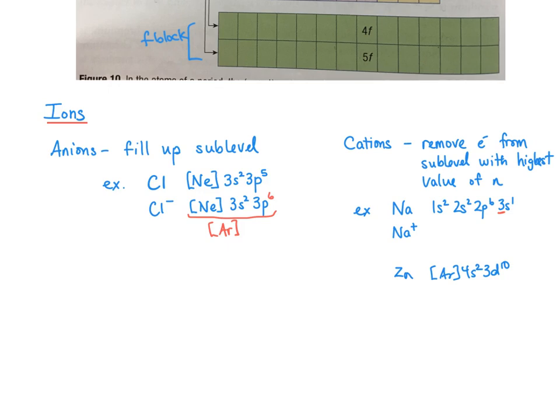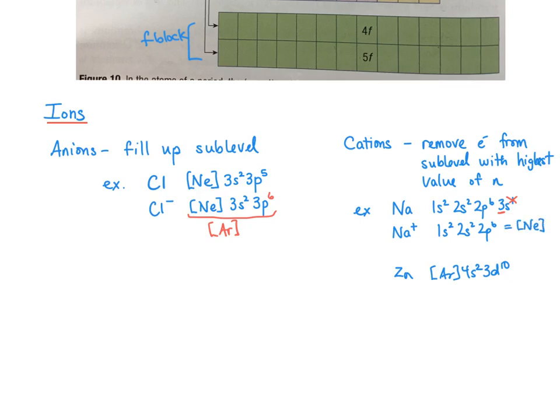If we remove this 1 electron here, then we'll be left with 1s2, 2s2, 2p6. And we can see that filled 2p sublevel now, together with the 2s2, is a full valence shell. Now, could this be replaced with the shorthand of neon?